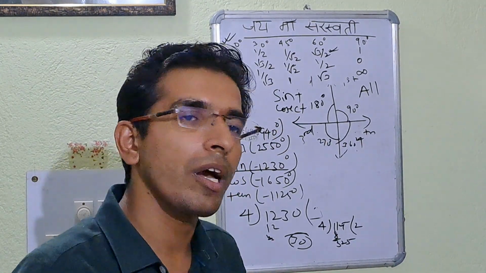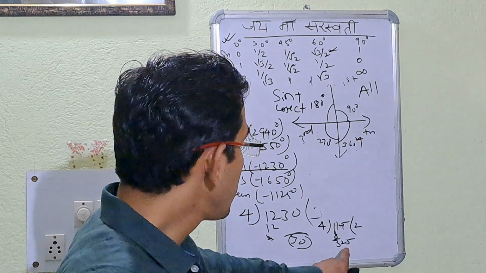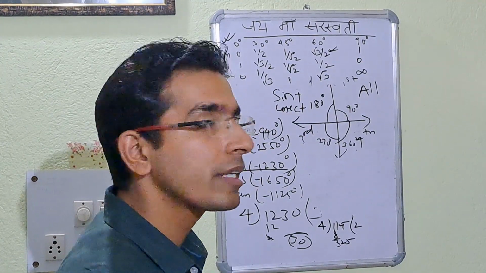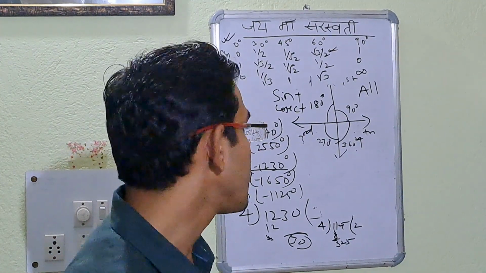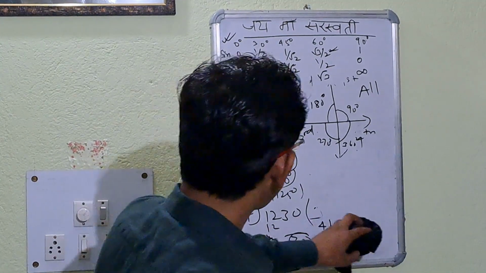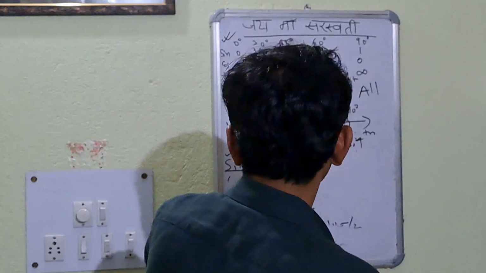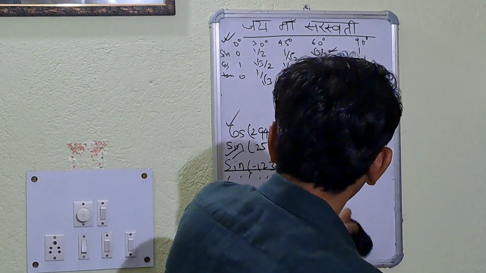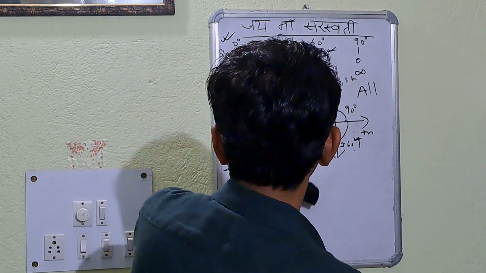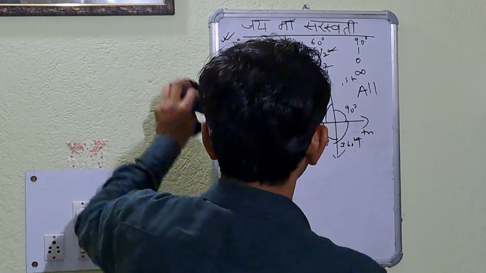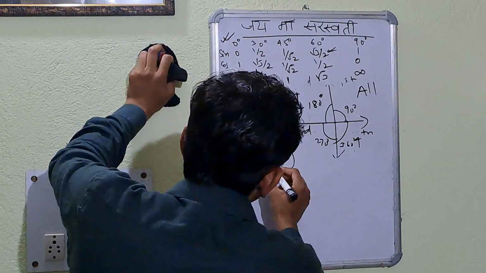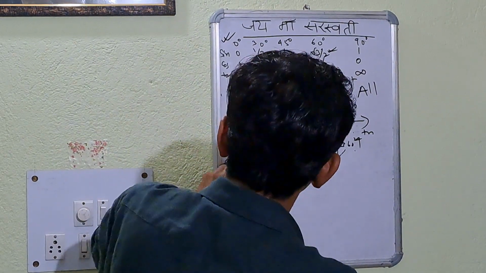Okay, so 325, if we are adding here 45 degree, in that case it will become 370 degree. So in this case, we had seen here various concepts which are helpful for us so as to get the respective values. So we had got these values here also.